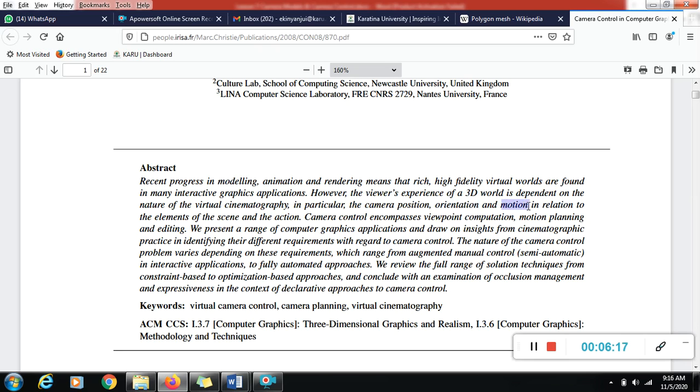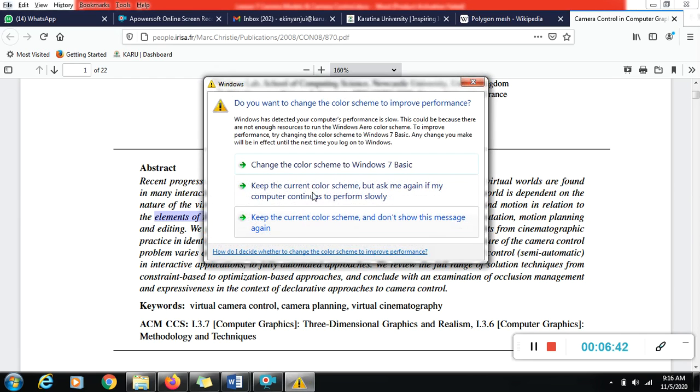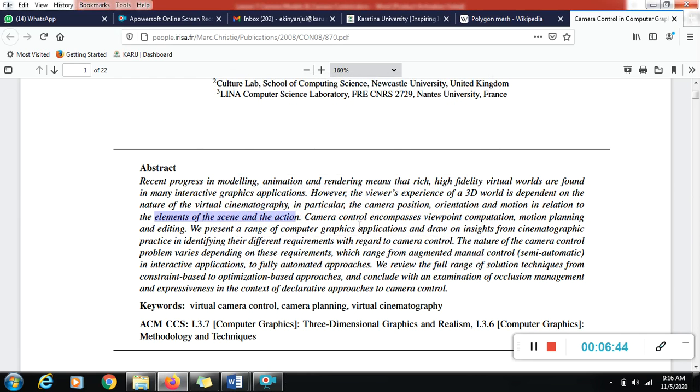What happens in the real world has to be seen in this virtual cinematography in terms of camera position, orientation, and motion. That is in relation to the elements of the scene and the action. What you are calling these elements of the scene and the action are what you are calling the 3D objects. That is why you had to cover 3D objects before we came to the camera control, which of course becomes an issue now.